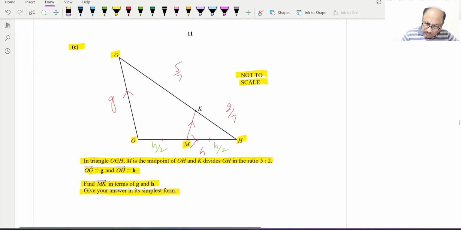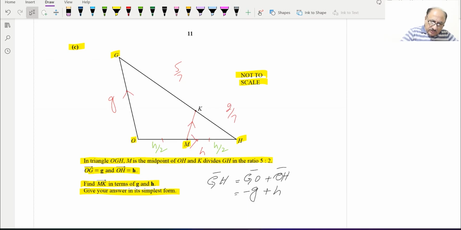Capital GH will be equal to GO plus OH. These are vectors, and GH will be equal to GO, which is minus g, plus h. So this is basically GH, and now we can find MK.